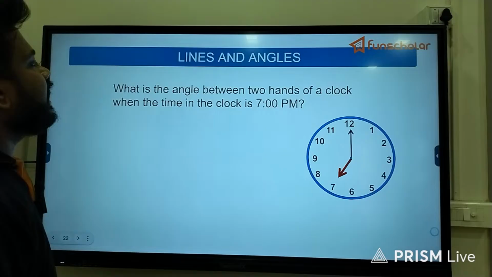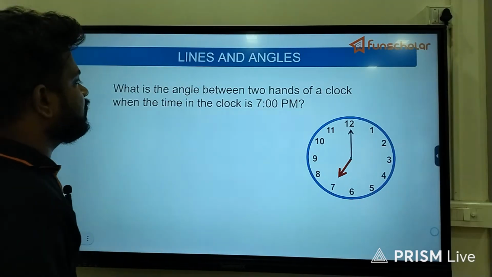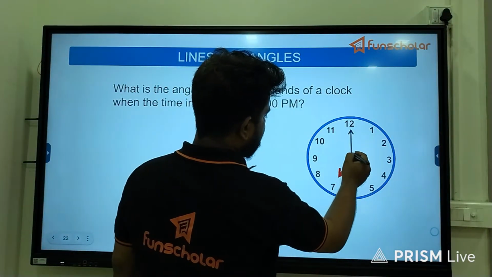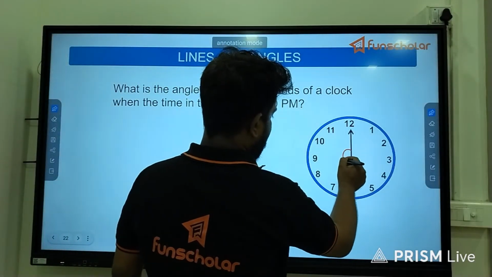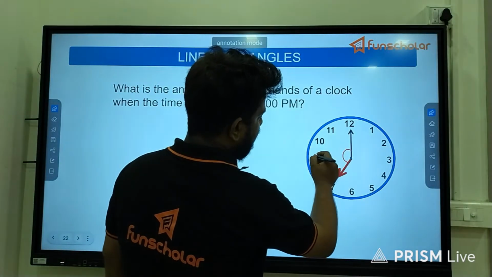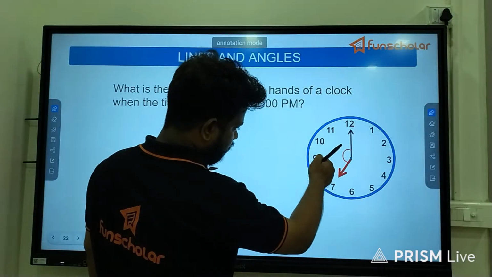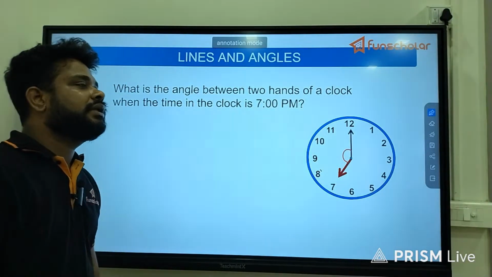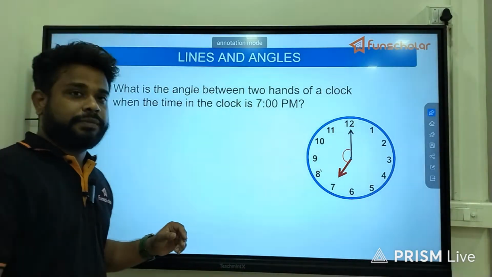What is the angle between two hands of a clock when the time on the clock is 7 p.m.? You have to tell it: it's 7 o'clock and the angle is this. When the time is 9, that is 90 degrees, and here it is like this, so it will be 90 plus 30, 90 plus 30, that is 90 plus 60, and that will be 150.